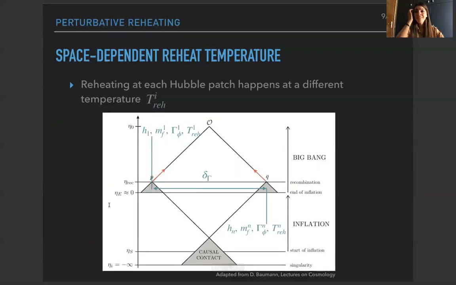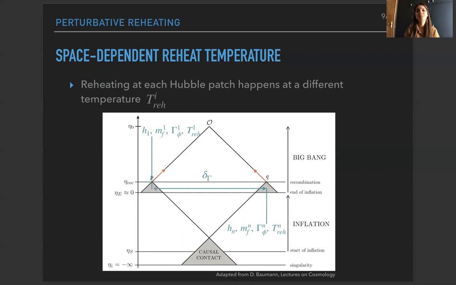So at the end of inflation, you not only have a bunch of Hubble patches with different Higgs VEVs, but because of that, each region of the universe also has different fermion masses and different decay rates of the inflaton to those fermions. And finally, they also reheat at different temperatures because the reheat temperature directly depends on the decay rate of the inflaton.